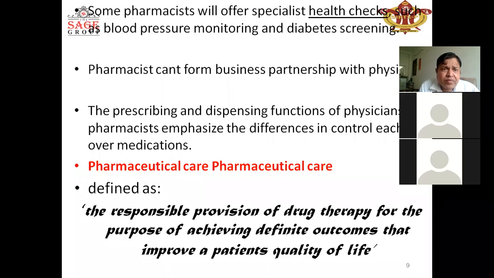Now, the next slide: some pharmacists will offer specialist health checks such as blood pressure monitoring and diabetes screening. In an earlier slide I told you, the UK government provides necessary training to pharmacists to check more reports of patients like blood pressure, diabetes, and some analysis also.